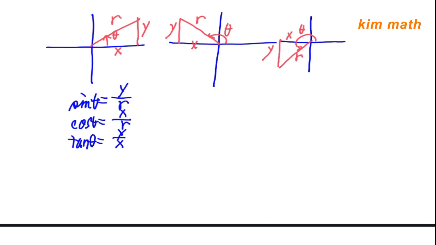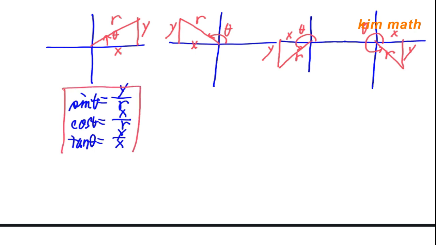Okay, and if your angle is in the fourth quadrant, here, this is your angle theta, this is r, this is y, this is x. Okay, and in any situation we can use this concept.